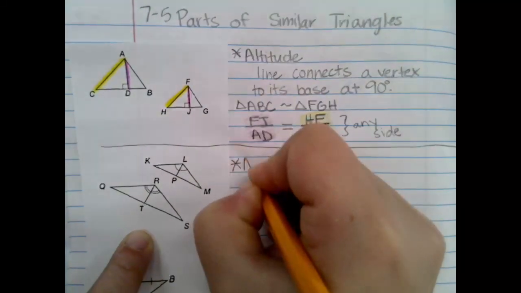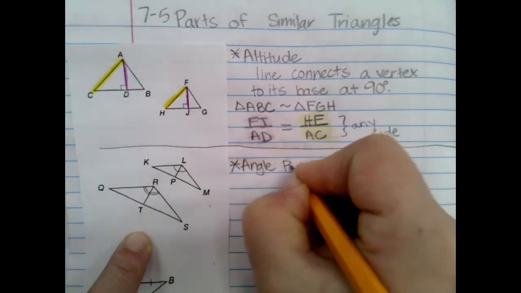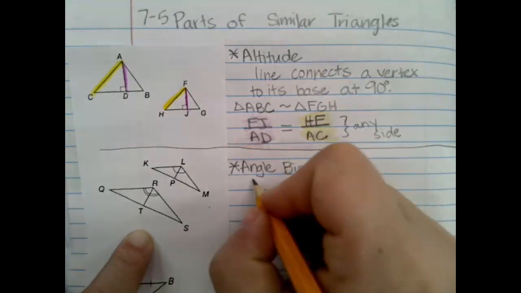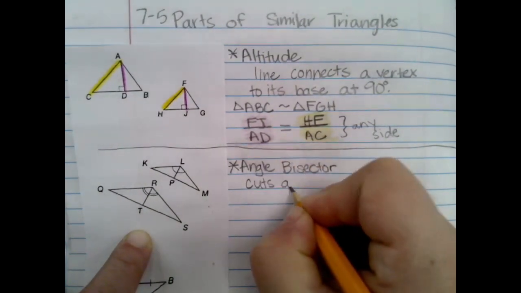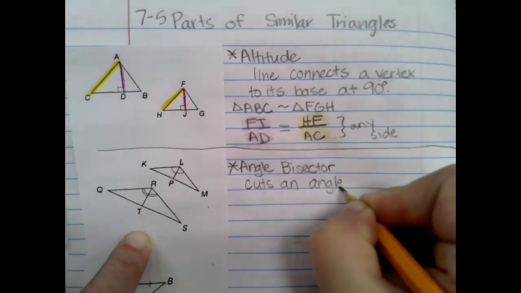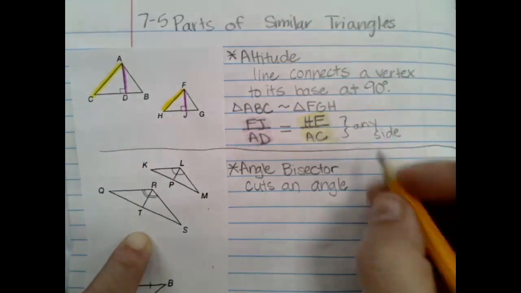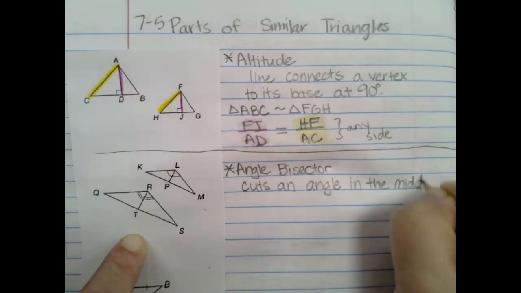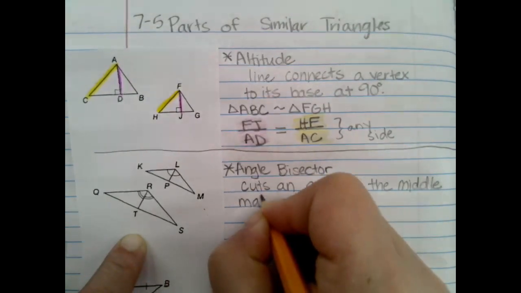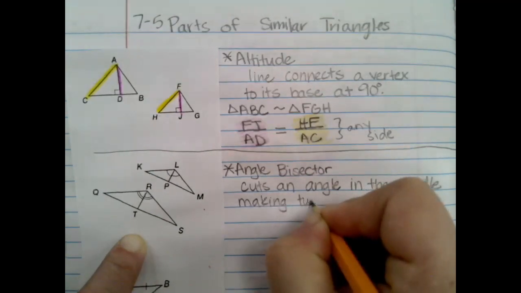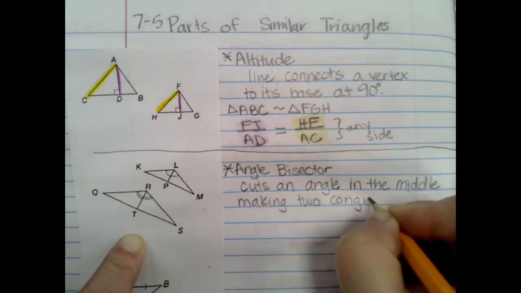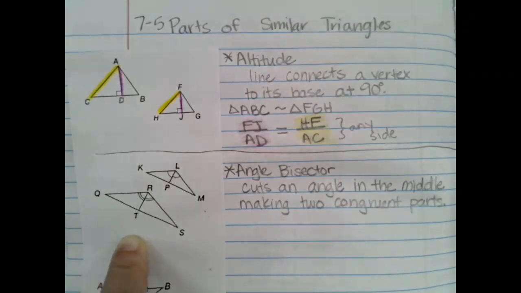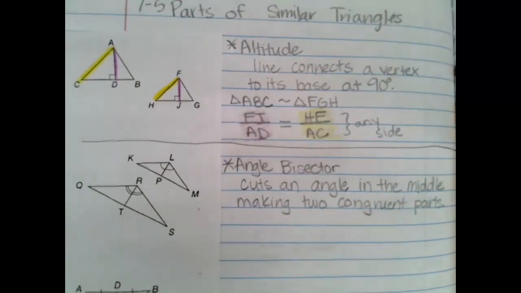So an angle bisector cuts an angle in the middle, or cuts an angle in two congruent parts, making two congruent parts.